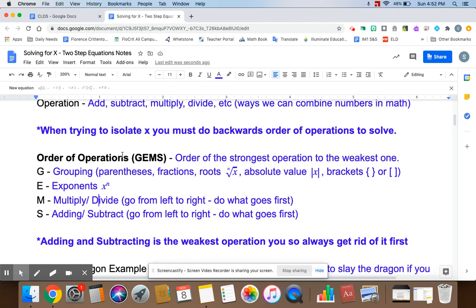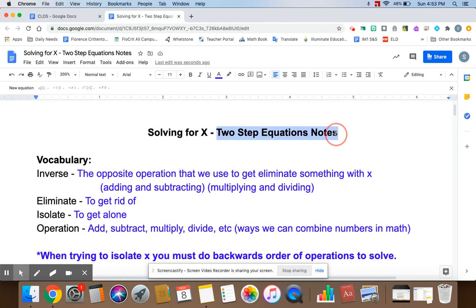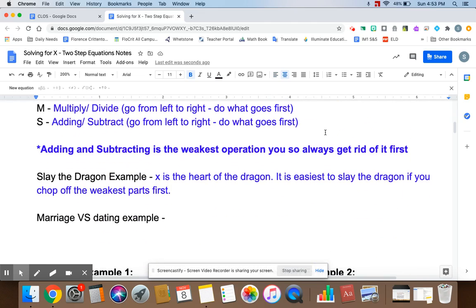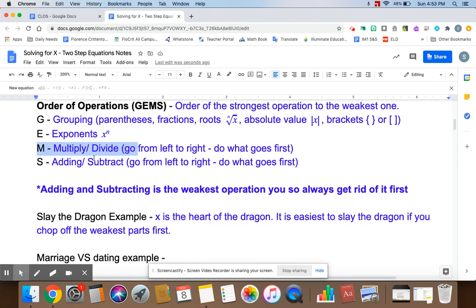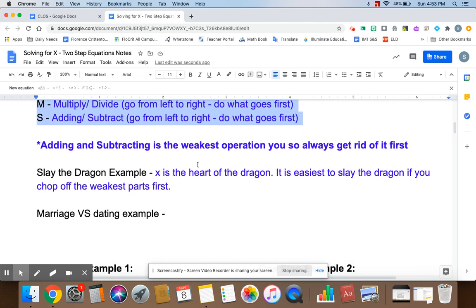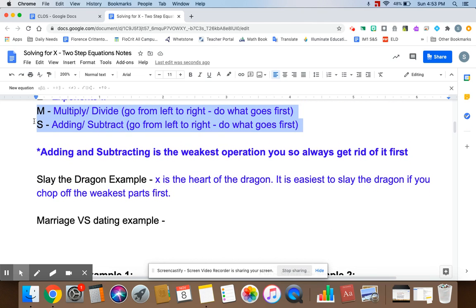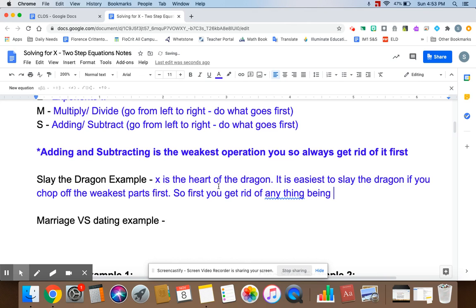But it's important to note at this point that the two steps we're focusing on is you're going to have either a multiply and divide with an add/subtract. So first we learned this one, then we learned this one. Now we're going to put these two together. So if you are multiplying and dividing and adding and subtracting, first you get rid of anything being added or subtracted to x.